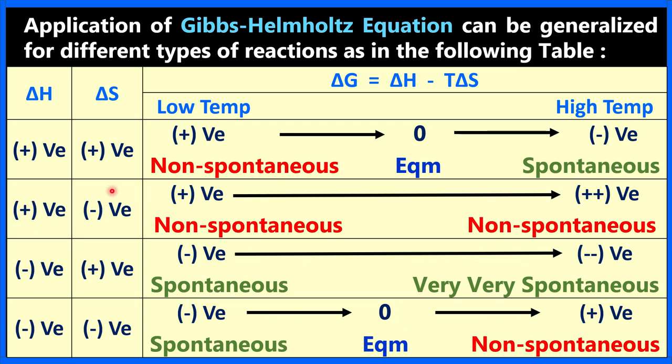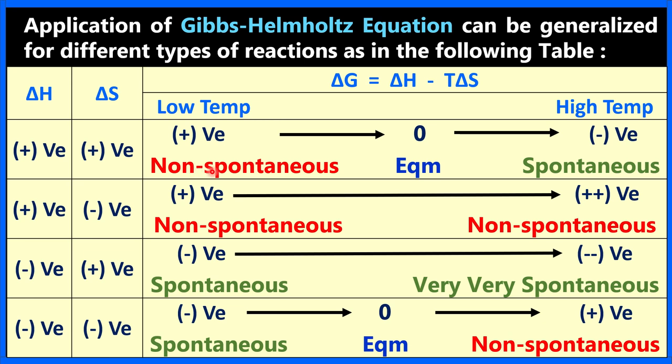For those reactions in which delta H is positive and delta S also positive, that is both delta H and delta S are positive, using the Gibbs Helmholtz equation at low temperature T delta S should be less than that of delta H. Therefore, the value of delta G should be positive. That is, at low temperature this type of reaction will not occur.